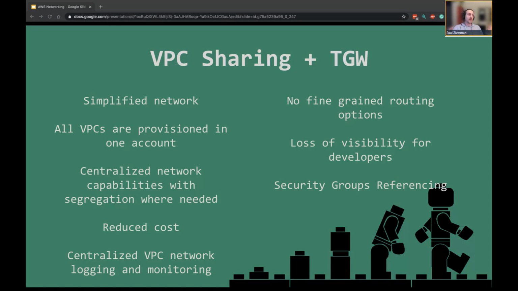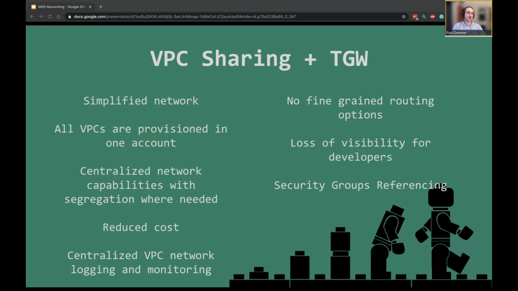So this simplifies your network completely. You really have a lot less going on in your network. All VPCs sit in this one account, which means even though I'm provisioning my EC2 in my own account, the ENI is visible in the networking account.